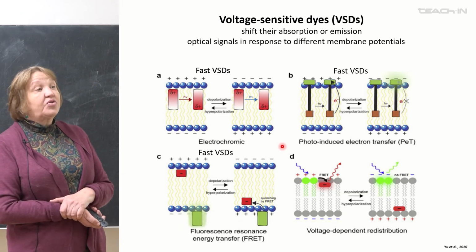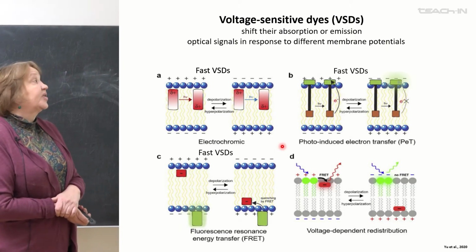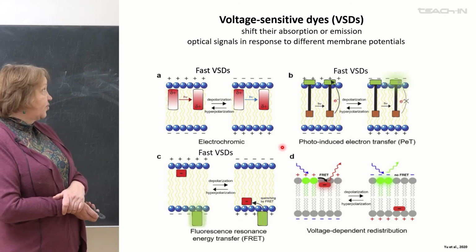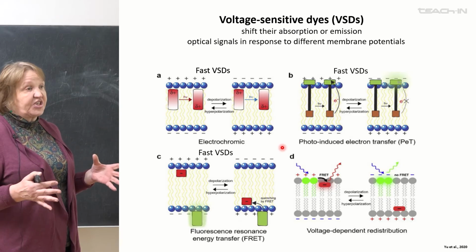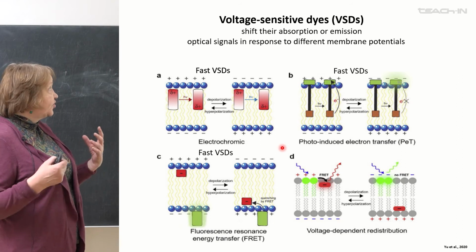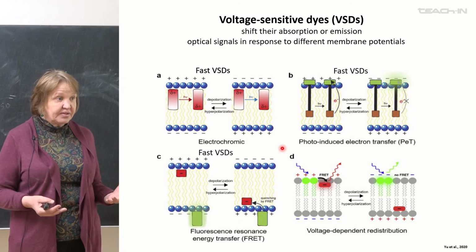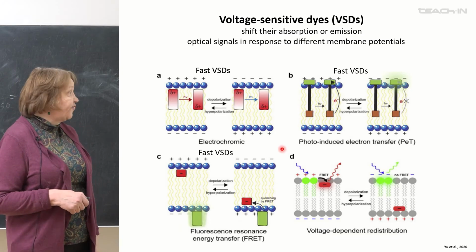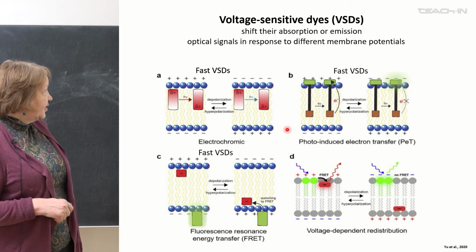So there are also dyes, low molecular weight compounds that respond to changes in voltage. The deal is that their absorption or emission changes in response to different membrane potentials, okay? So there are families of fast and slow voltage sensitive dyes.